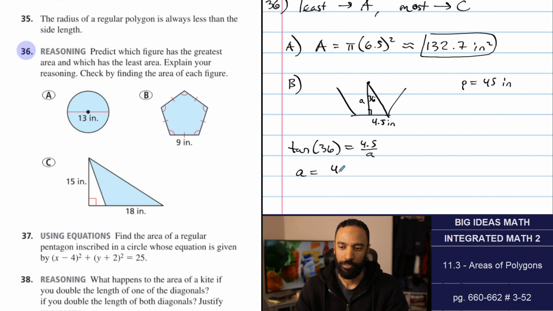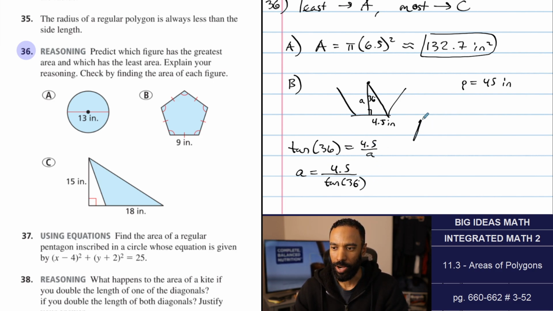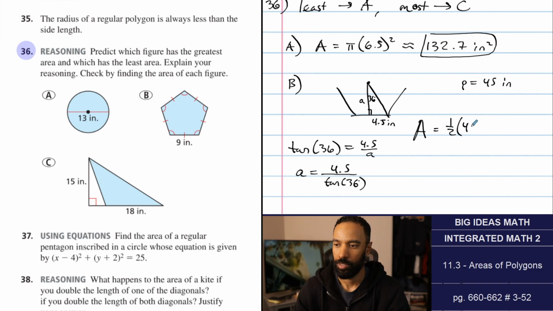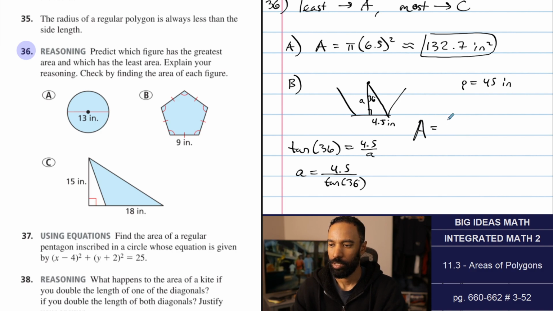So a is 4.5 over the tangent of 36 degrees. So that's your apothem. So your area is going to be 1/2 times apothem times perimeter.